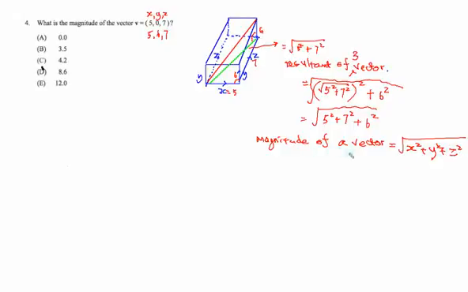That will give you the magnitude of a vector which is in 3 dimensions. That is also the same as if you want to calculate the diagonal of a cuboid from one end to the other end. This is the longest length that could exist in a cuboid, so you also use this formula to calculate it.